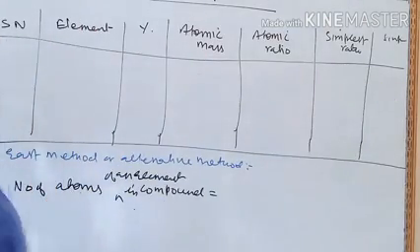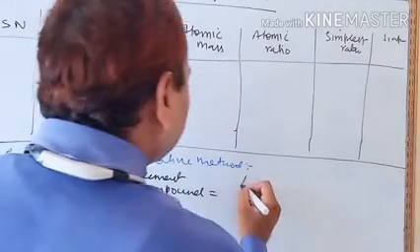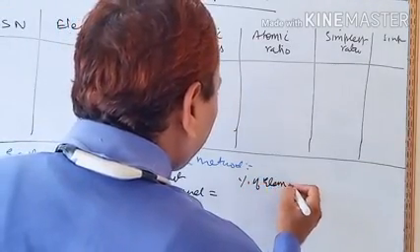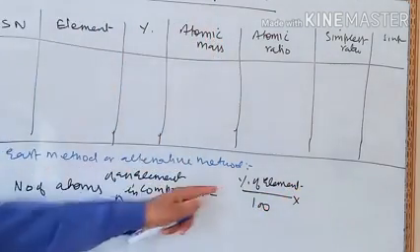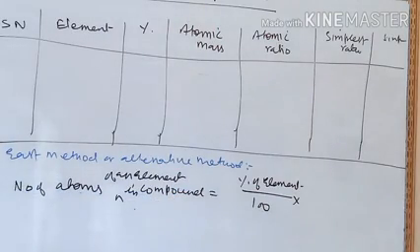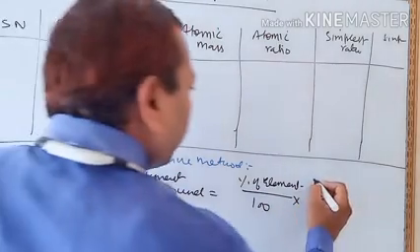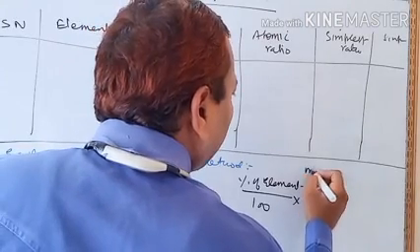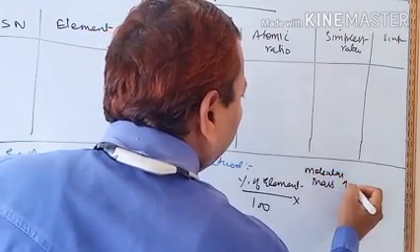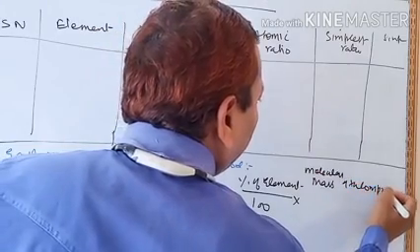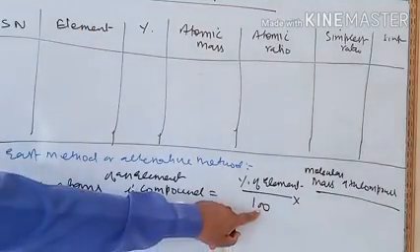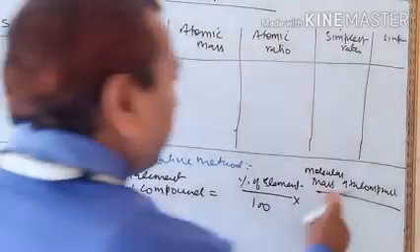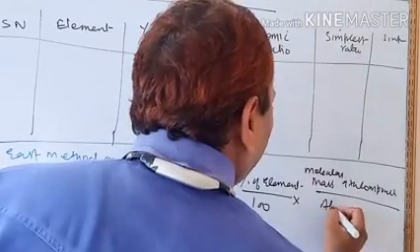So the number of atoms of an element in a compound is equal to percentage of element divided by 100, into molecular mass of compound, divided by atomic mass.